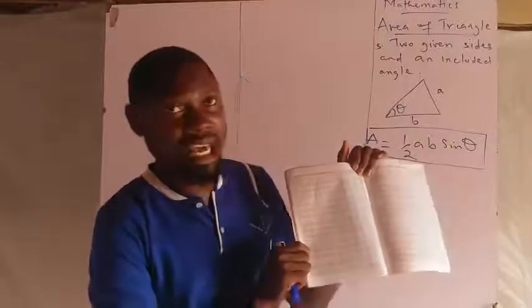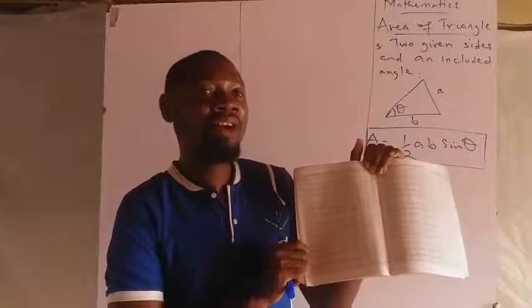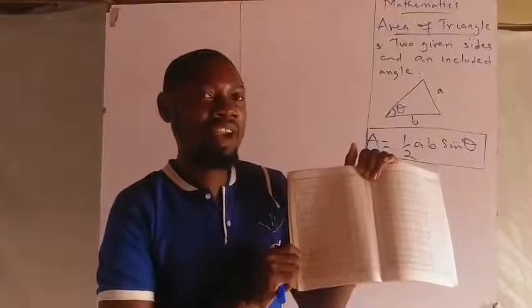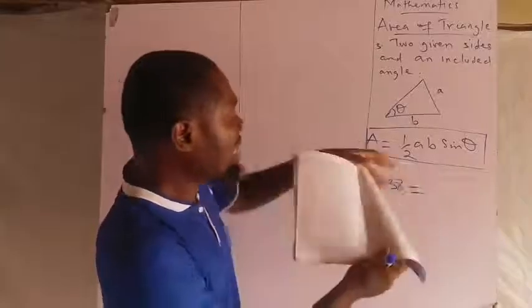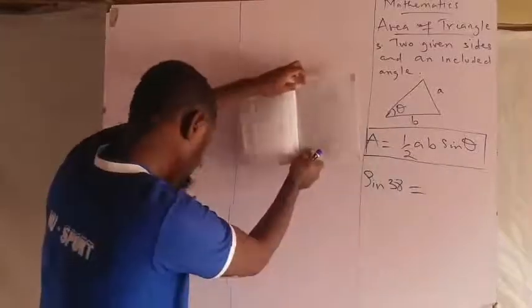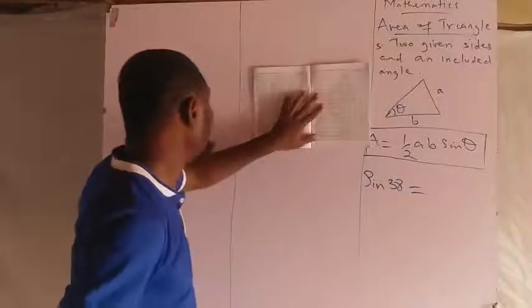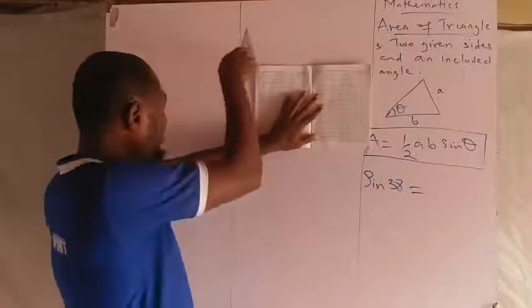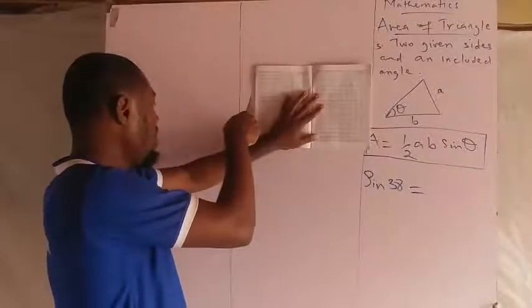Good, I've seen 38. Then check for 38 under 0. Remember I said we have the horizontal lines. We have x running down 0, 1, 2, 3 to 44.